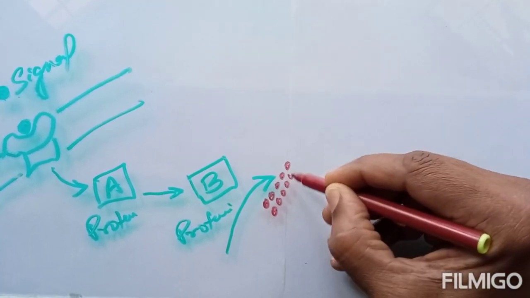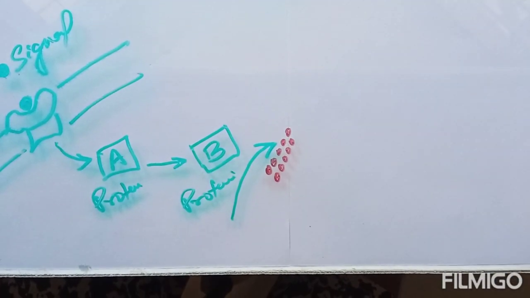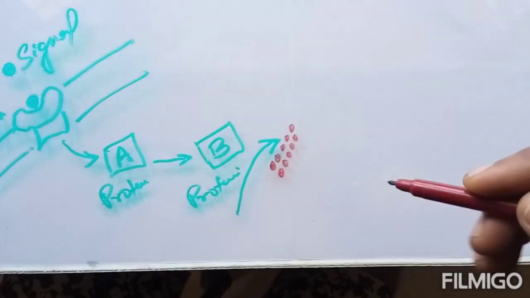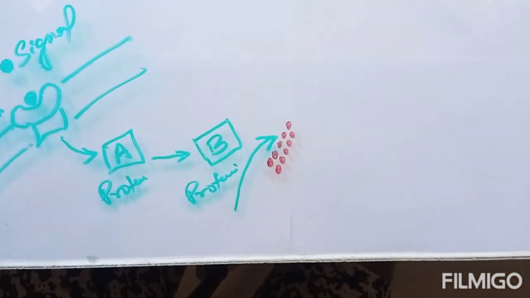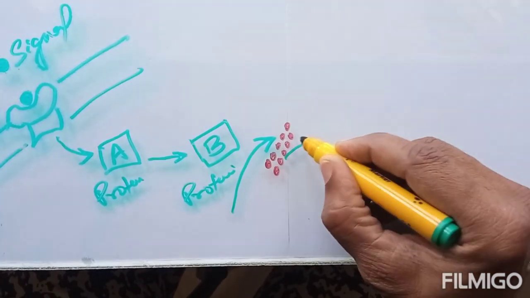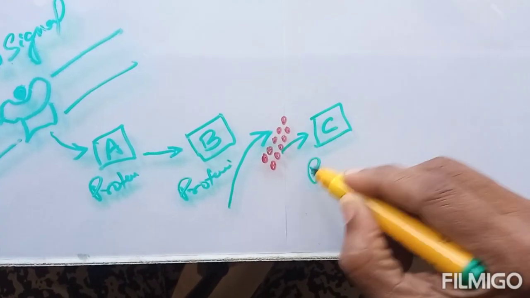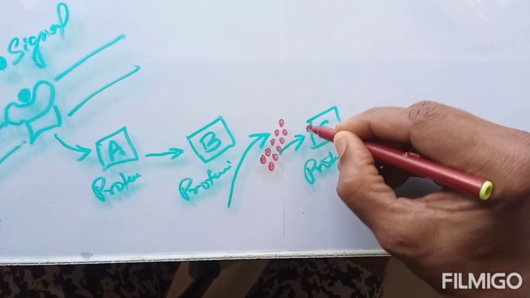So second messenger molecules are not proteins. They are very small molecules. They rapidly diffuse in the cytoplasm, and as you can see, they are produced in large numbers. So their action, the entire process, is also amplified. The second messenger molecules activate another protein, let us give the name C. That is a protein again, and it is activated by second messenger molecules.